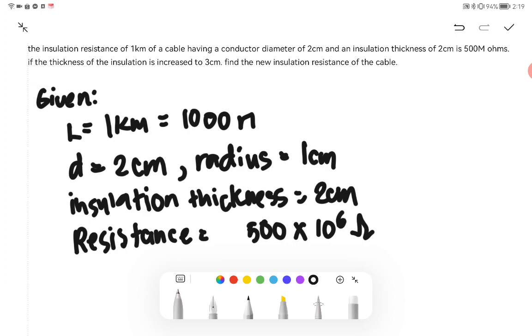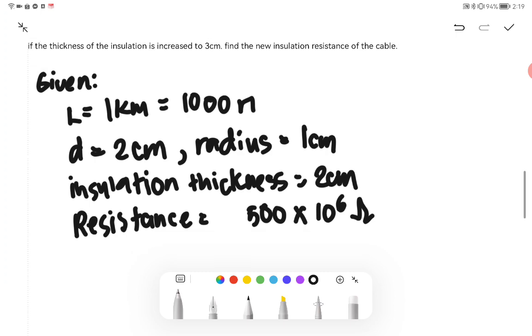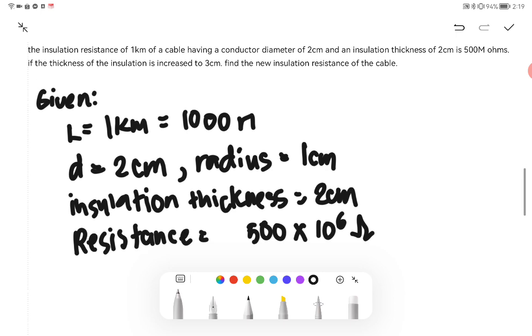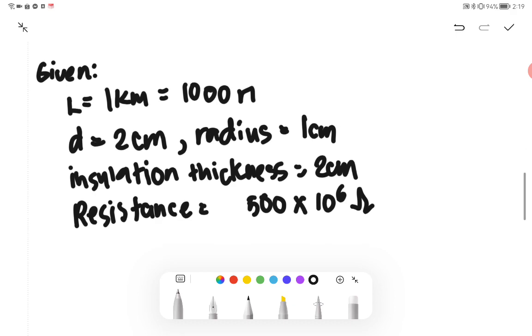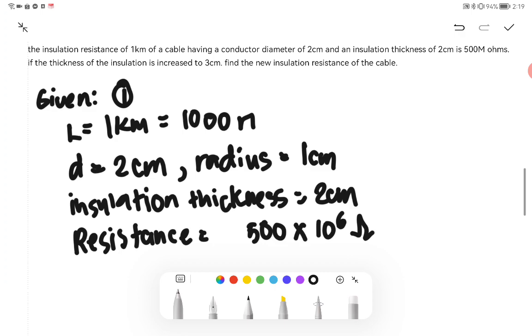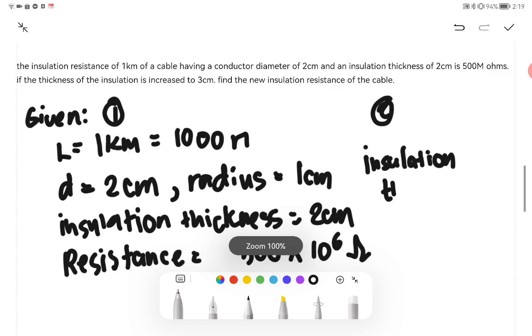Also, it is said here in the second part that the thickness of insulation was increased. So, this will be our first part, and in the second part, the insulation thickness becomes 3.